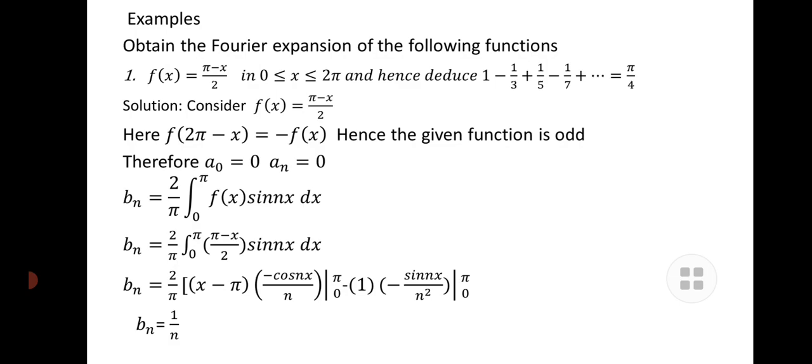On substituting the upper limit and lower limit and cancelling all the terms, we will get Bn is equal to 1 divided by n.